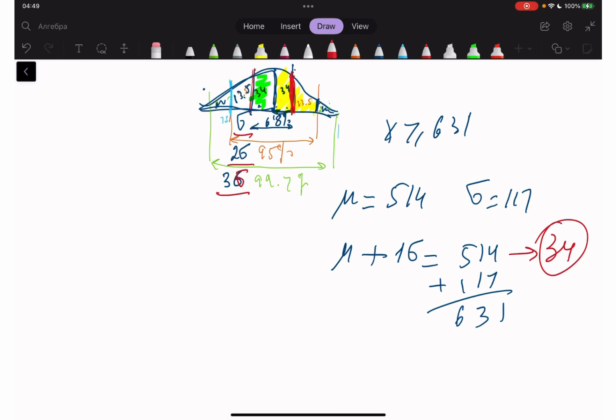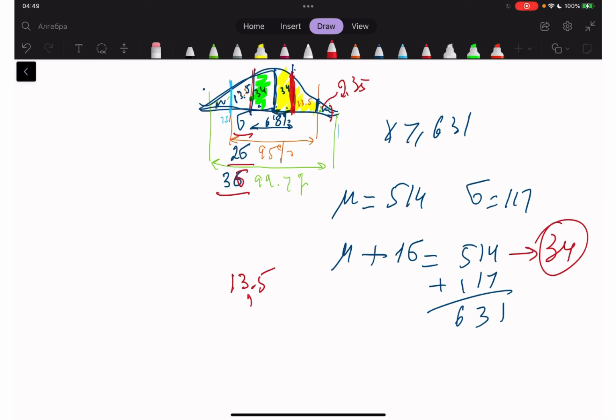We will have left 13.5, and plus 2.35, right? 13.5, and this area 2.35.